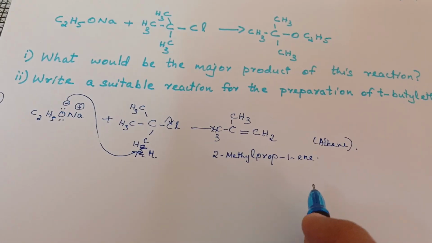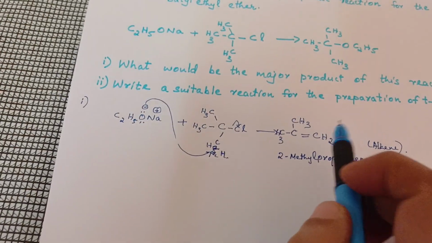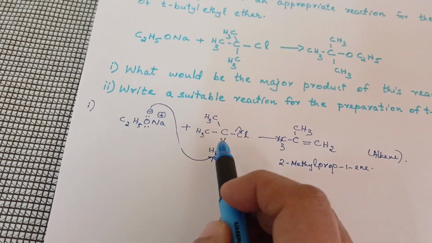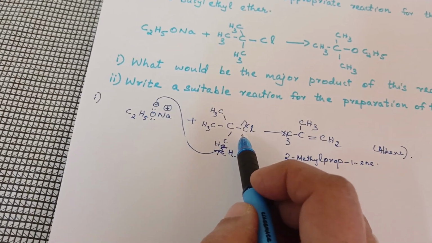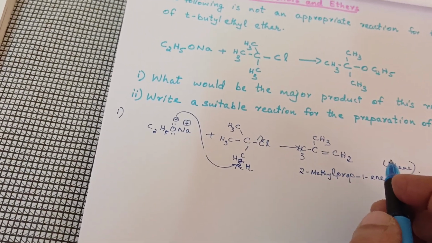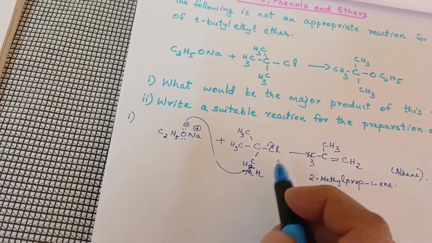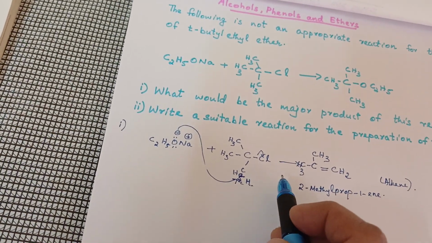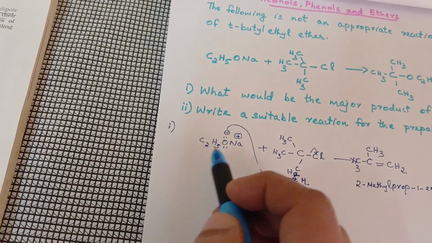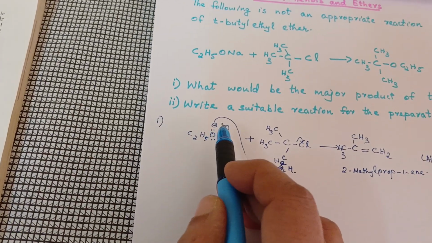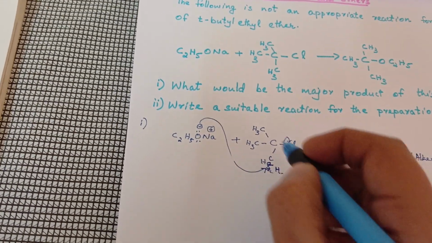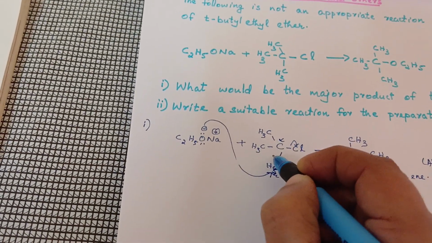So what happened here was that we did not use a primary alkyl halide. We used a tertiary alkyl halide. Williamson synthesis happens via the SN2 mechanism, so it does not favor tertiary alkyl halides. It favors primary alkyl halides. And as we saw here, this is a strong base also, so it will take up a proton from here. This is the alpha carbon and this is the beta carbon.